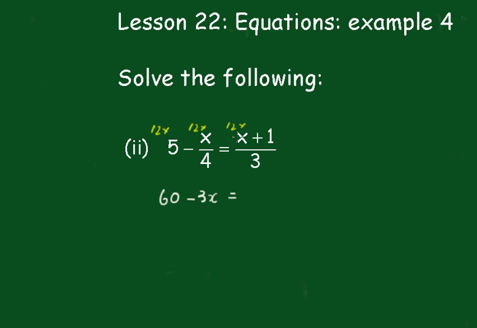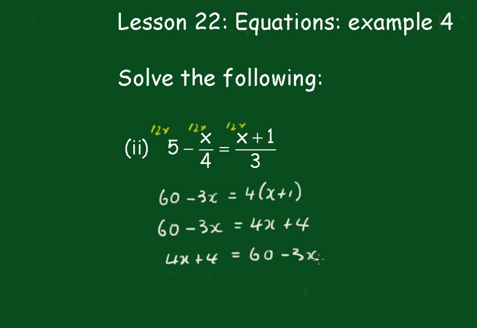equals, now 3 into 12 goes 4, but I'll put a bracket around that for the time being. Just go over that again, 12 times 5 is 60, 4 into 12 goes 3, and 3 into 12 goes 4. Now remove the brackets, and that gives me 4x plus 4, equals 60 minus 3x.